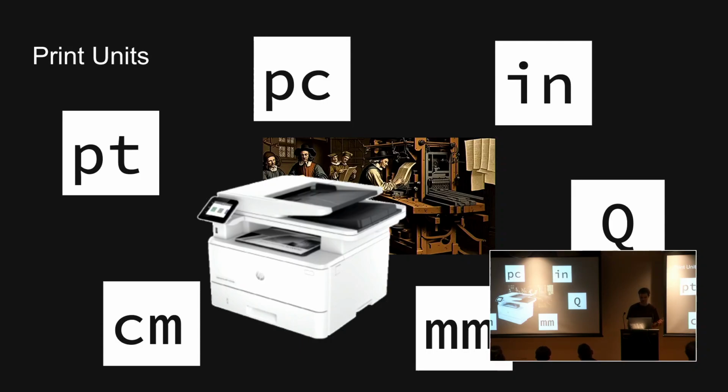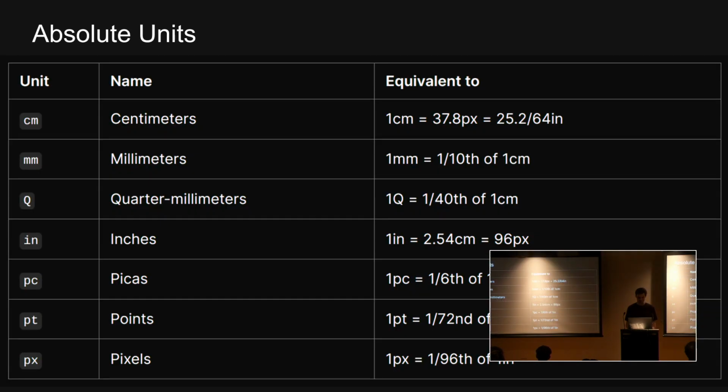So you've got centimeter, millimeter, and all the American freedom units, and this weird Q. And all these absolute units are based solely on the pixel. We call them absolute units because this is as absolute as we get in the web. So all of these are based on each other. They're all the same level.